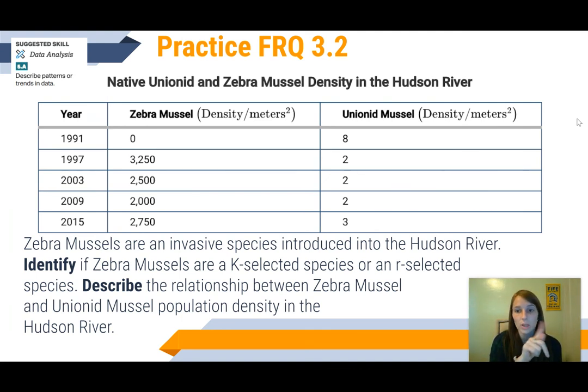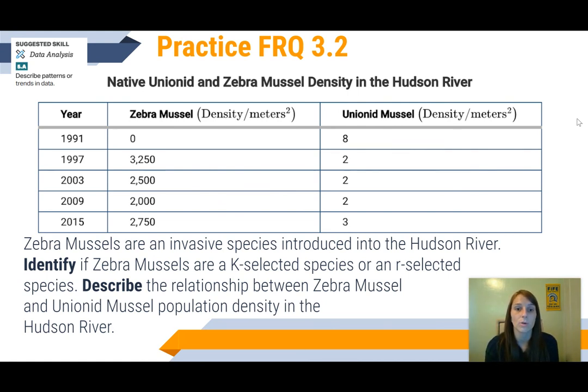So what I want you to do is look at this chart, look at the data in them, and then for your practice FRQ, be aware that zebra mussels are an invasive species introduced into the Hudson River. So I want you to identify, based on this data, if zebra mussels are a K-selected species or an R-selected species, and then describe the relationship between zebra mussel and Unionid mussel population density in the Hudson River. So that's going to be your practice for FRQ 3.2.